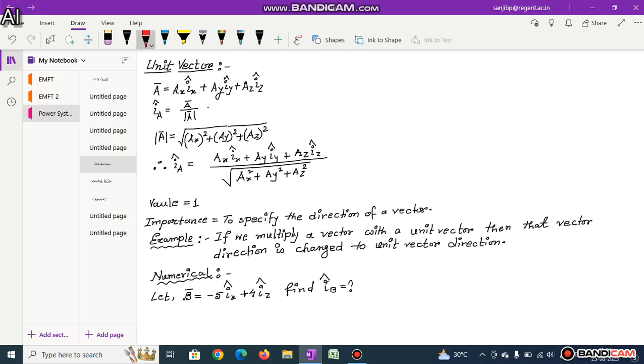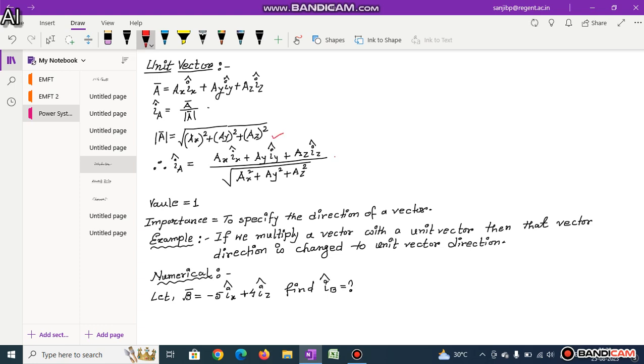Now put these values in place: copy the vector expression, and in place of the modulus of A, place this expression. Very simple.